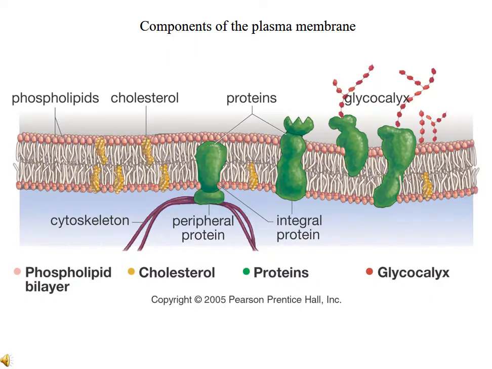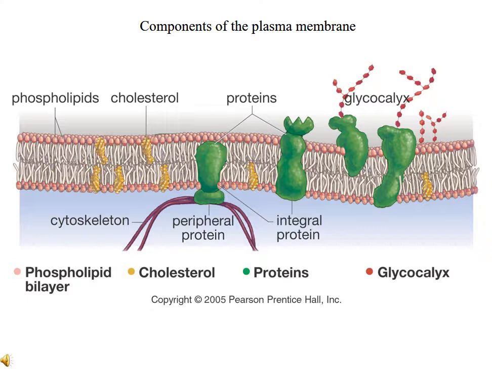Now let's take a close look at the structure of the cell membrane. If we look at an overview, as you can see in the slide, the cell membrane is made up of the basic component, which is a phospholipid bilayer. Embedded within the phospholipid bilayer are molecules of cholesterol.